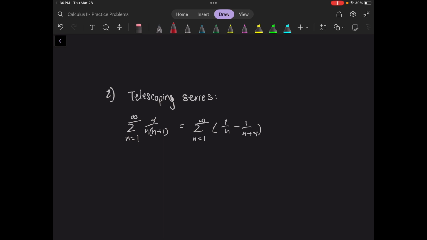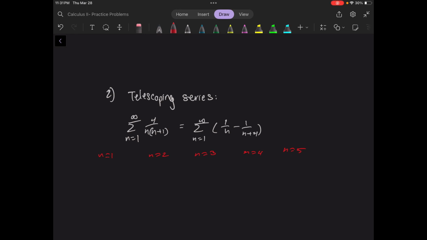But let's look at n equals 1, and let's write out a few terms. So let's start with n equals 0, or not 0, 1, right? N equals 1, n equals 2, n equals 3, n equals 4, and maybe even n equals 5. So let's punch out these terms.